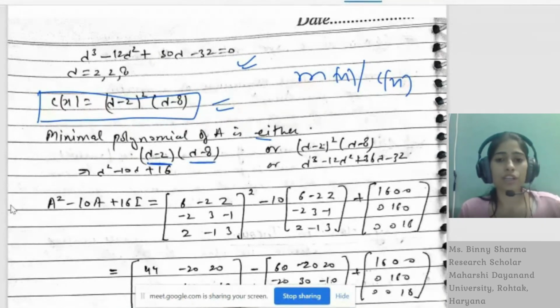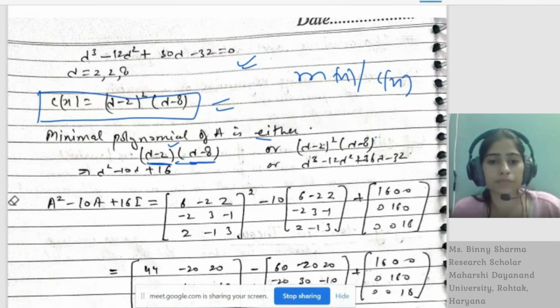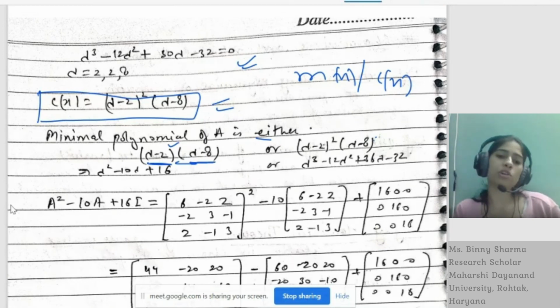I have already told you the linear factors will be the same, the power may be different. So the possibility of the minimal polynomial of A is either (lambda minus 2) into (lambda minus 8) or (lambda minus 2) square into (lambda minus 8).